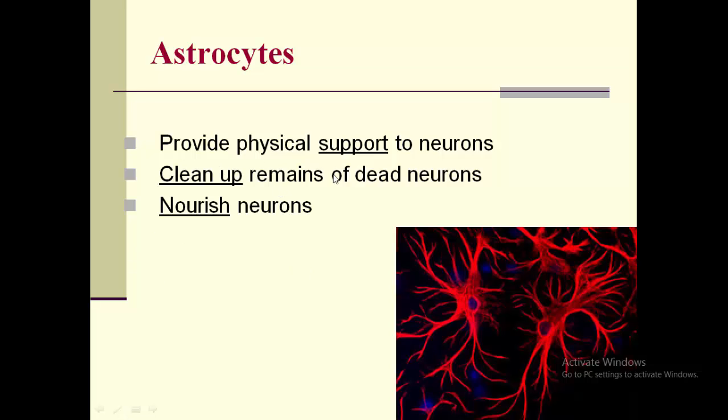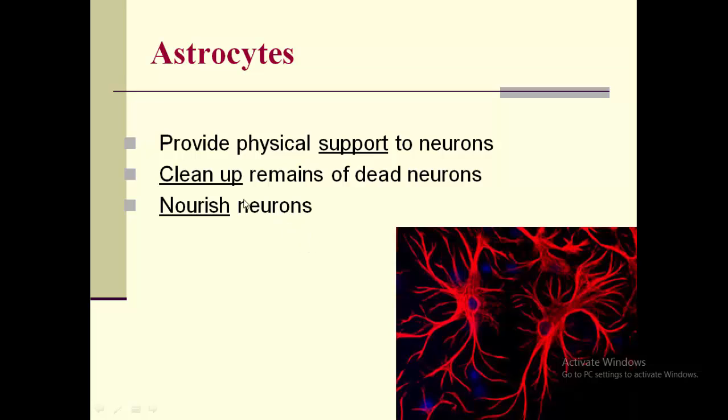They provide physical support to the neuron بمعنى إن هما through their processes، هما كمان عندهم processes بس you don't call them dendrites، اسمهم processes. Through الكلام ده هما بيعملوا شبكة بتشيل في المكان ده النيورون so it practically physically supports the neuron.